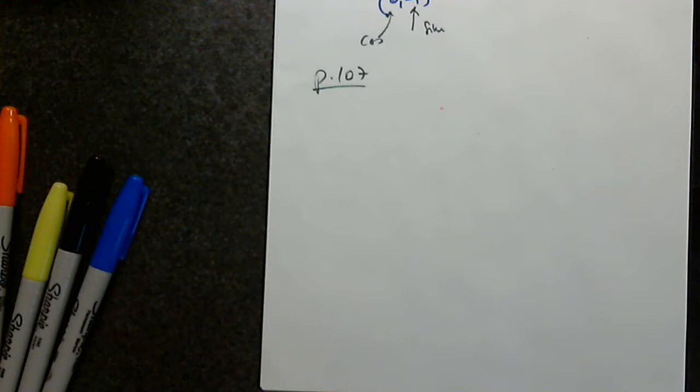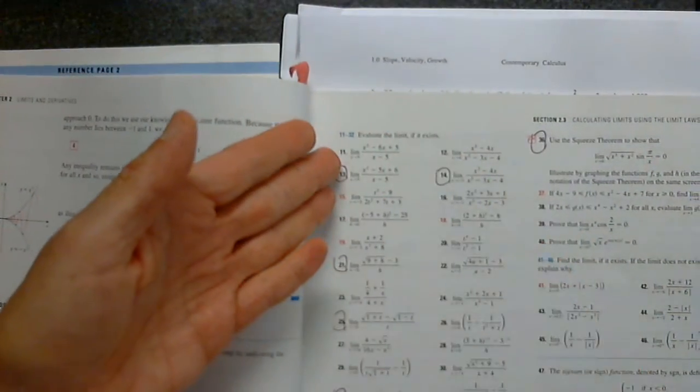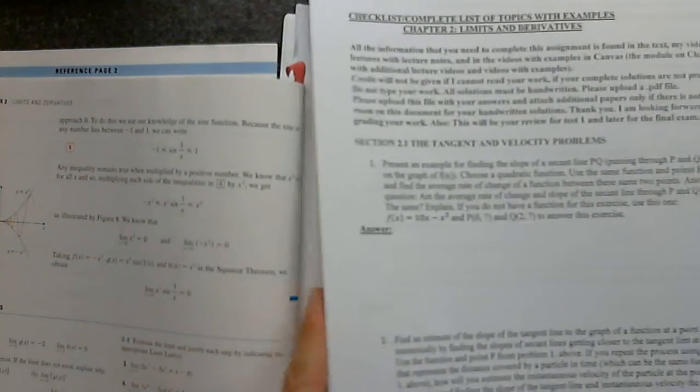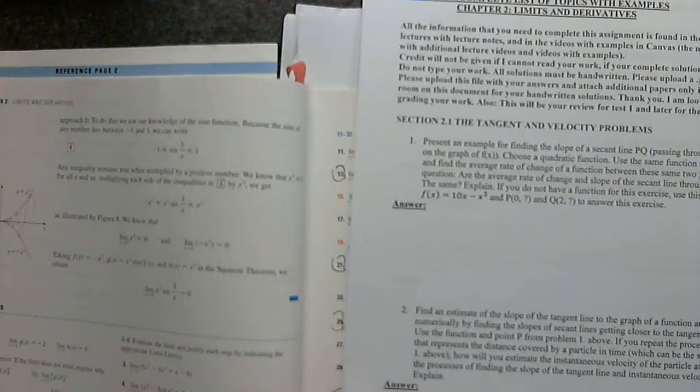Let's see. We are on page 107. And before we look at something very important, I would like you to choose any problem you want from 11 through 32, not the problems that I chose on the checklist. So by now, you should be finished with page 1, page 2, page 3, page 4, page 5.